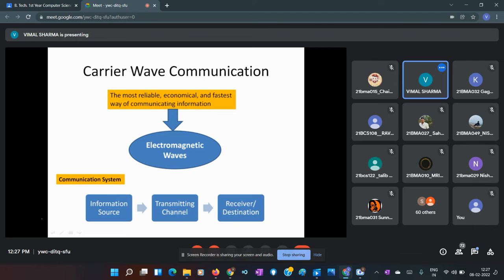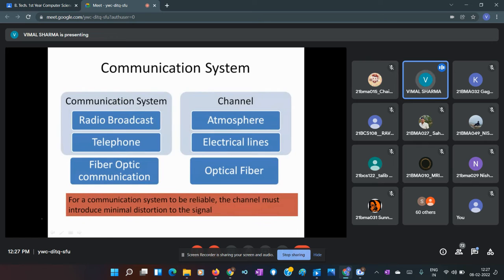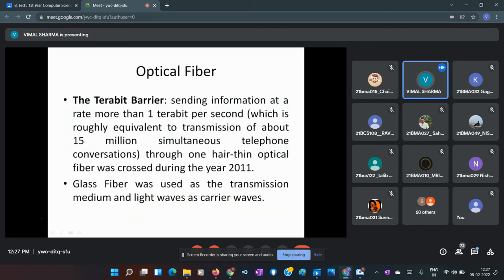And that was solved when we invented optical fiber. So let us see, these are different communication systems. As I said, we have electrical lines, we send radio signals through atmosphere, and then we have optical fiber, the channel through which we send light waves, and with minimum distortion, we get light at the receiving end.